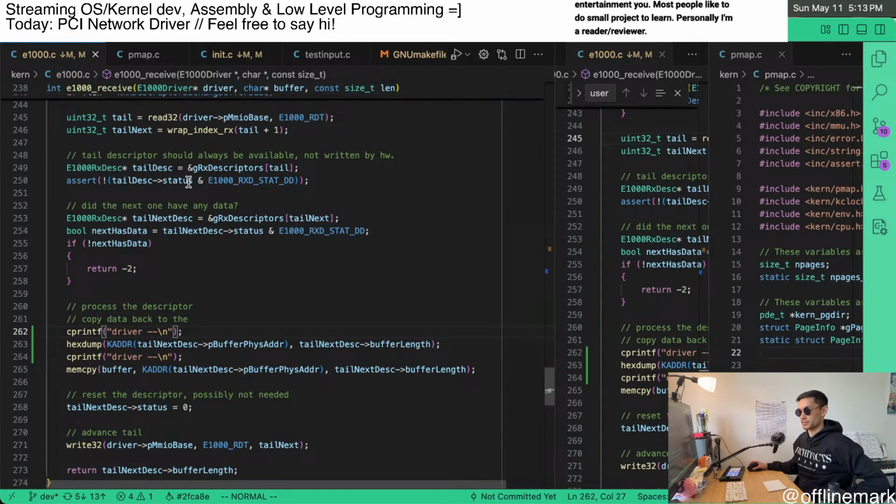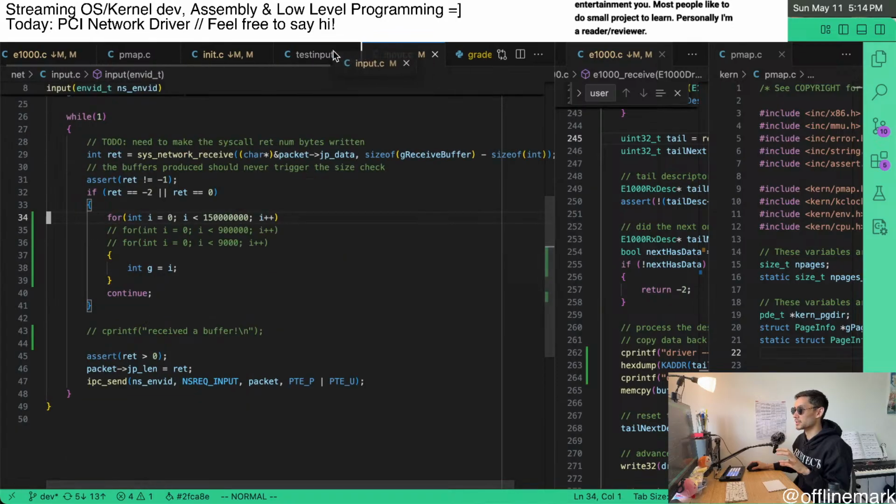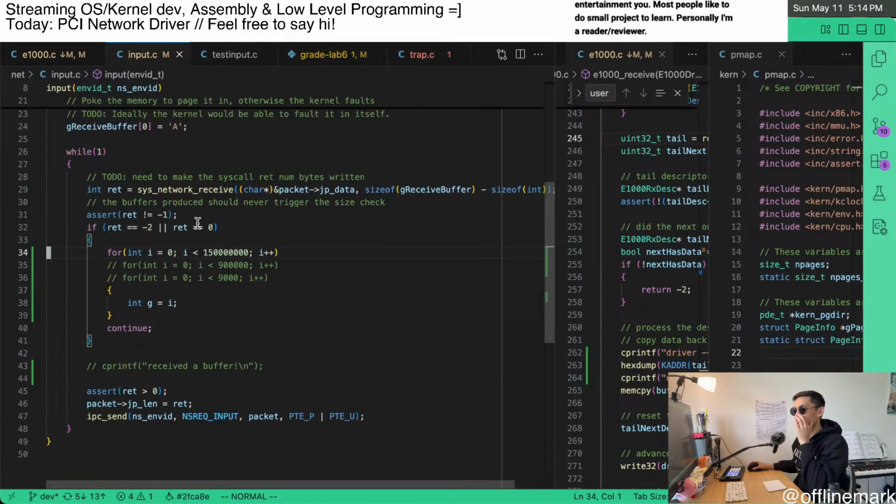So this is the driver function. As I said before, our user space program is spamming the driver. The user space program, well, sorry, it's just input. Currently it's regulated by this loop, which does a sys network receive system call.